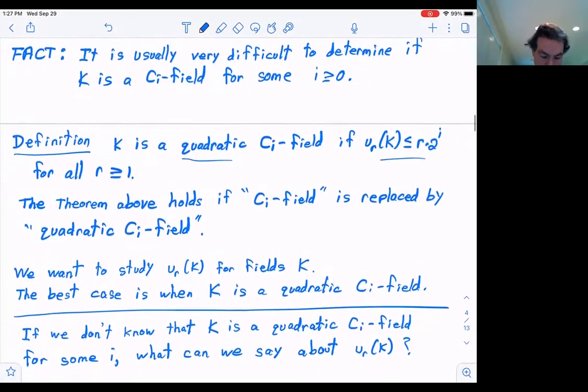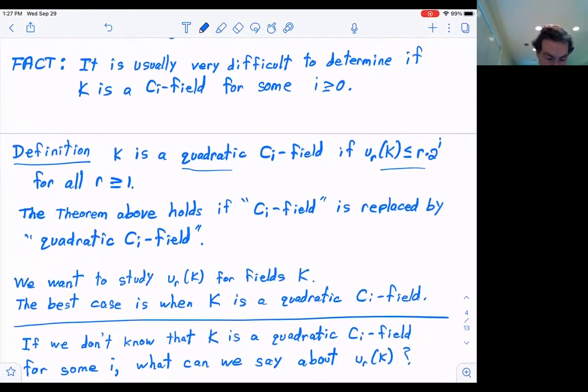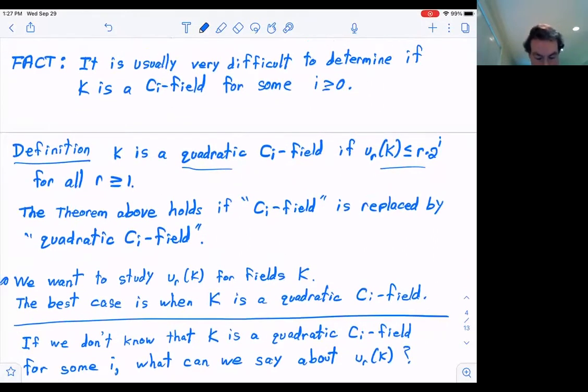All right, so as it says right here, we want to study u sub r of K for fields K. The best case is when K is a quadratic CI field, then, sort of for free, we get all these wonderful results.